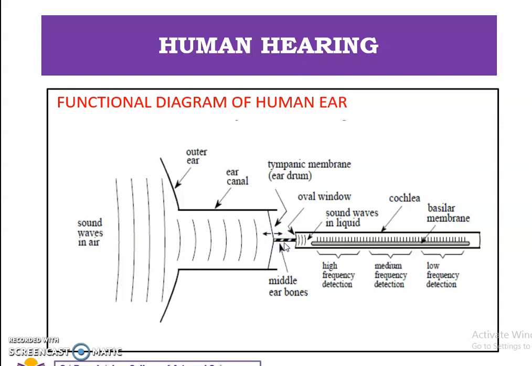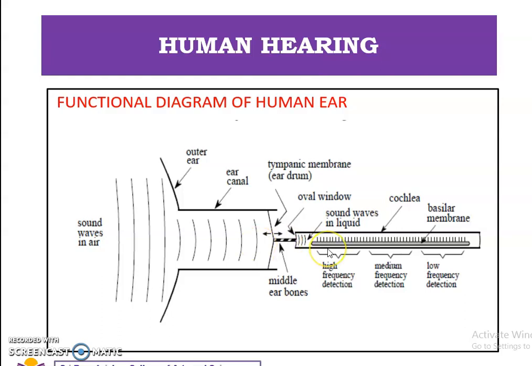Normally fish do not have this middle ear or ear drum. Why? Because fish don't need to hear sound in air, as they live in water. This ear drum has an area of 60 mm square, while the oval window has an area of 4 mm square.